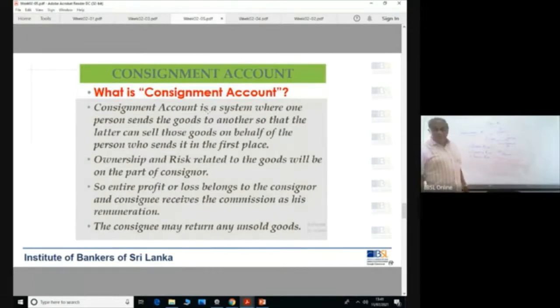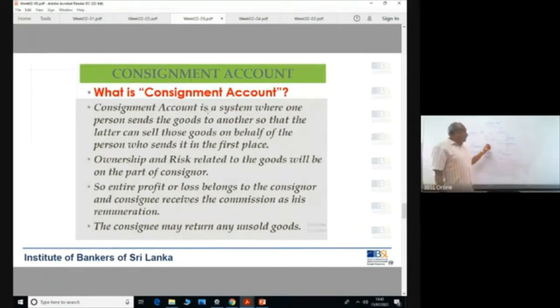In the consignment basis, who is the owner? The owner is the seller.